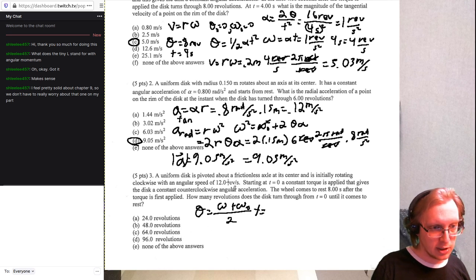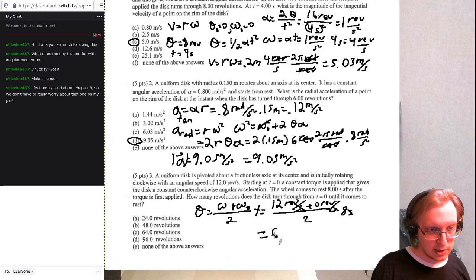Answers in revolutions, velocities in revolutions, I will leave that as is. 12 revs per second plus 0 revs per second, divided by 2, times 8 seconds. Seconds cancel. 12 plus 0 is 12, divided by 2 is 6. 6 revs per second times 8 seconds is 24 revs, I believe.